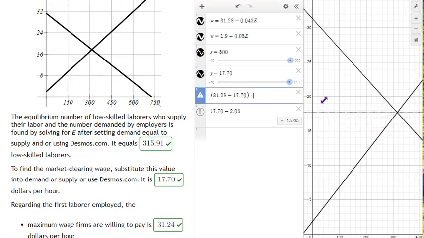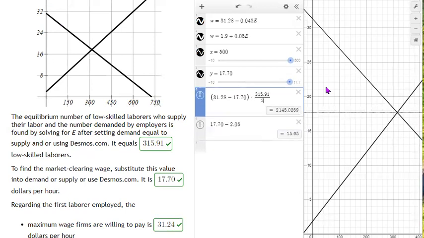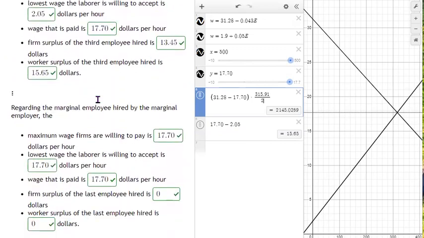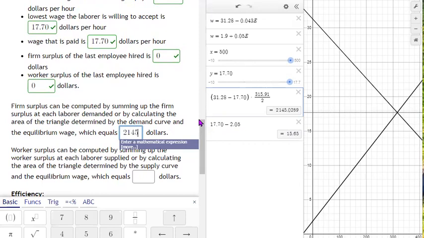So the width of this triangle is 315.91 minus 0, so we don't even need the 0, we can actually just have 315.91. Then we divide that by 2, and we get a firm surplus equal to 2,145.03.